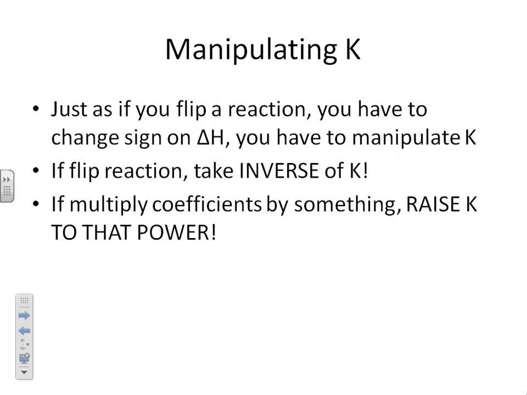How do coefficients come into writing our K expressions? Coefficients affect our K expressions because coefficients become the exponent, right? It's products over reactants raised to their coefficients. So coefficients are the exponent. So if you change the coefficient, you're changing the exponent on everything in that expression. So it's not a doubling or a tripling, it's raising it to that power. If you decide you need to multiply all your coefficients by 3, you have to cube your value for K.